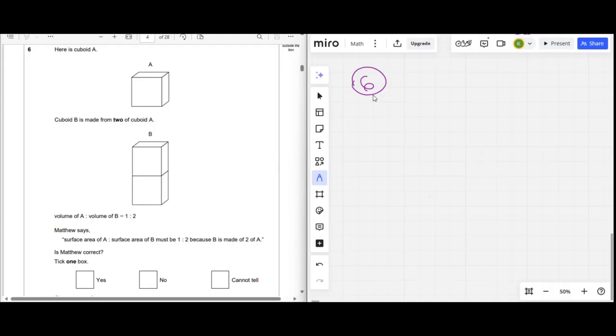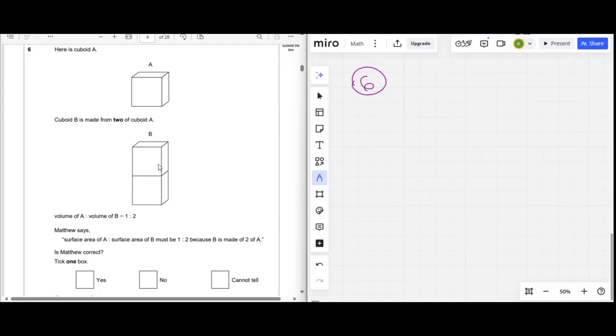Dalej mamy, here is a cuboid A. Cuboid B is made from 2 of cuboid A. The ratio of volume of A to the volume of B is 1 to 2, which makes sense, right?